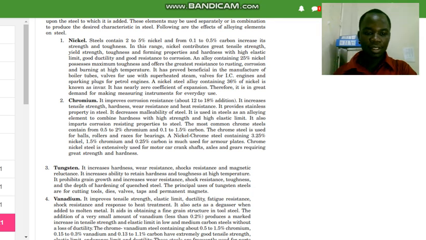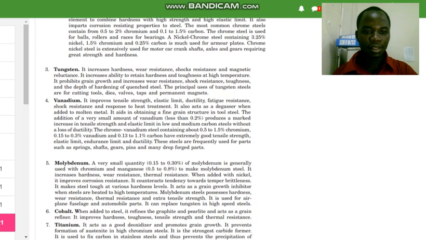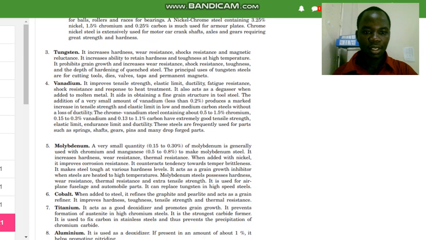The next alloying element added to steel is tungsten. Tungsten has high hardness, wear resistance, high shock resistance, and magnetic reluctance.